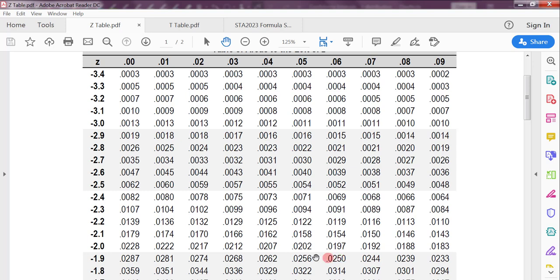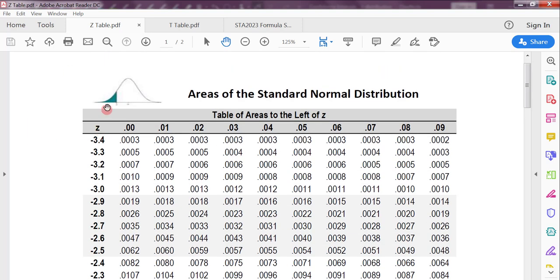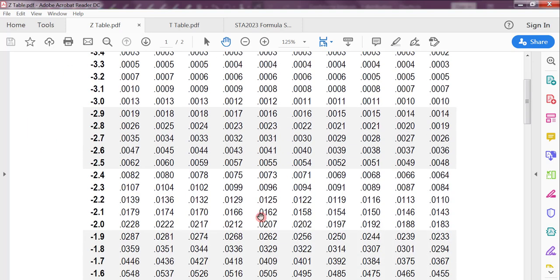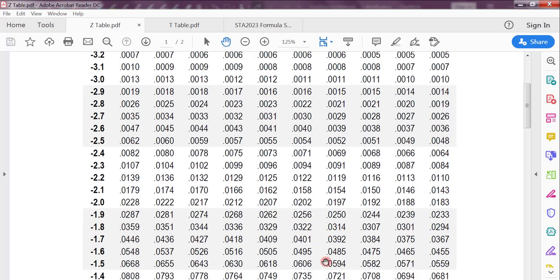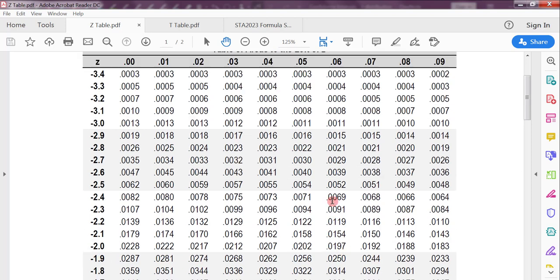This is the left-hand tail because this is what our table here shows. We come in here and we find 0.025 right here. So our value is negative 1.96.